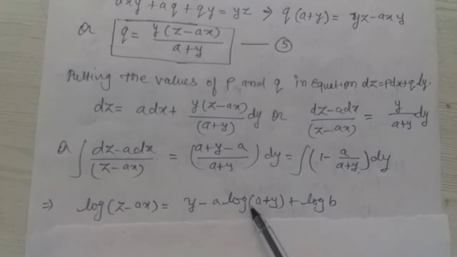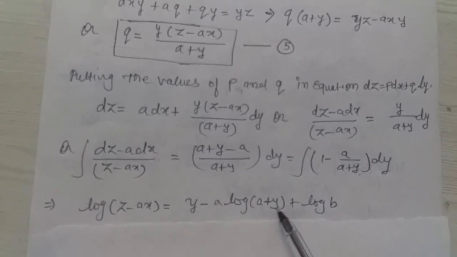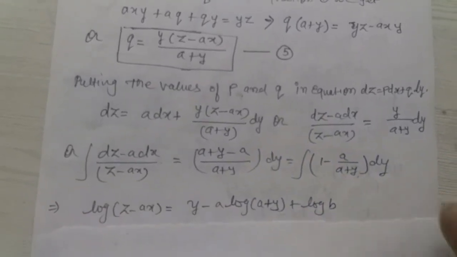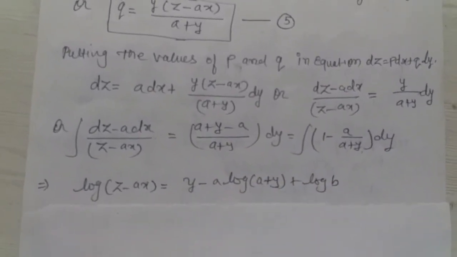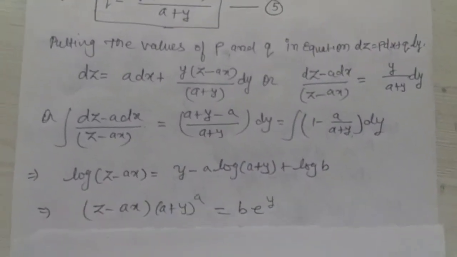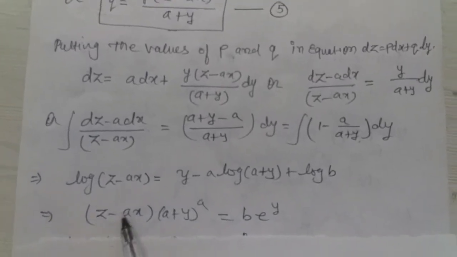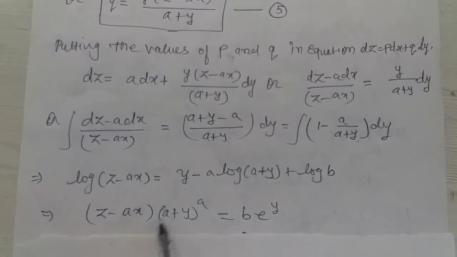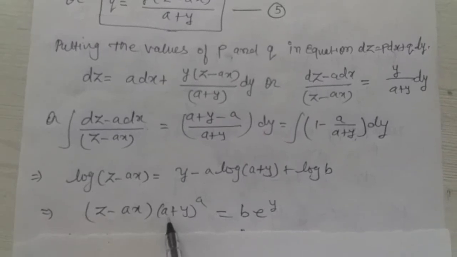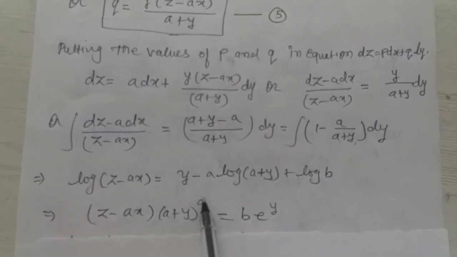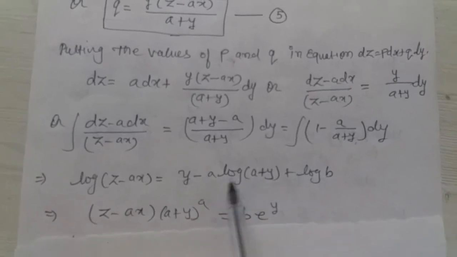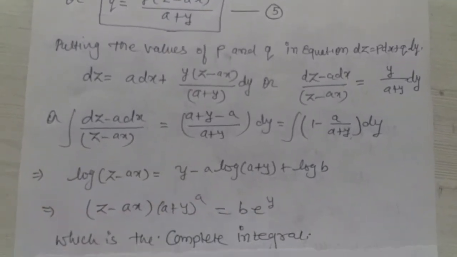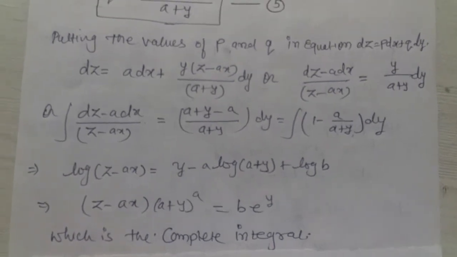The integration is log of a plus y, plus log b, the constant of integration. Now apply the properties of log. We get (z minus ax) multiplied by (a plus y) to the power a equal to b e raised to y. So this is the complete integral of the given equation.